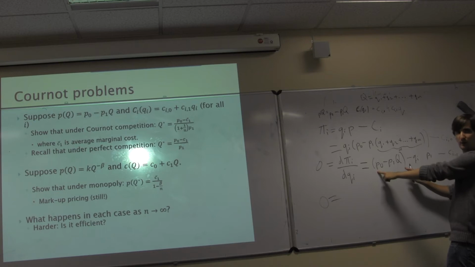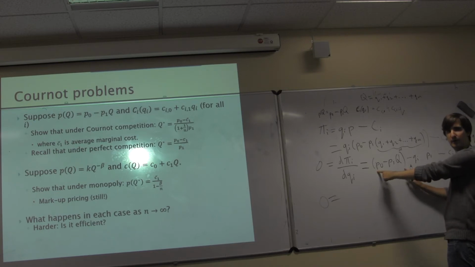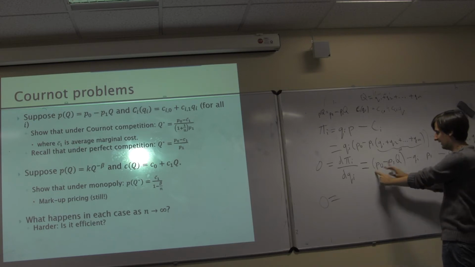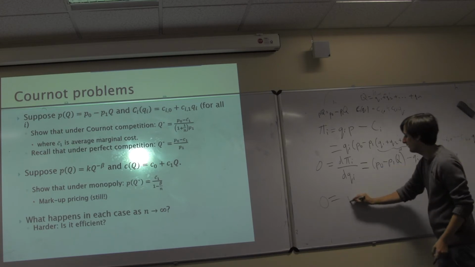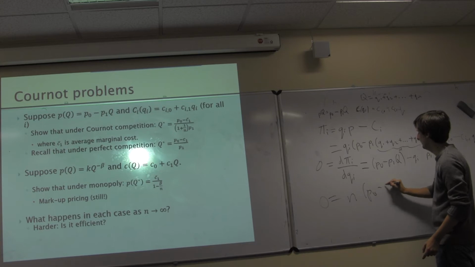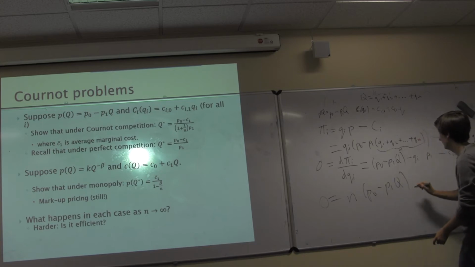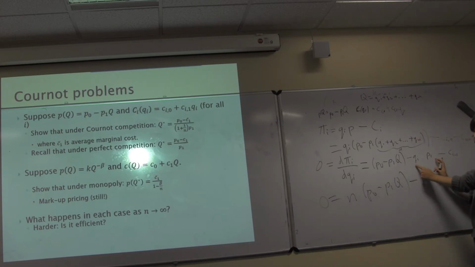If we sum this across firm i is 1 to n, we just get n copies of it, because there's no i in this expression, right? So we get n times P0 minus P1Q. Okay, what do we get if we sum this term across the i firms? Same thing as the times by n.